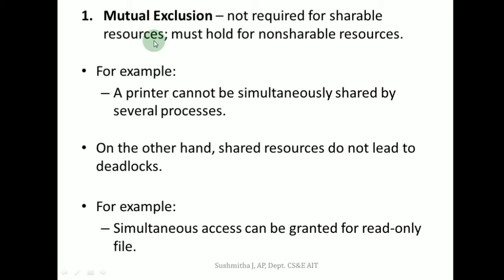So what are we trying to convey here? There are some resources in the system that are by nature non-shareable. By nature, the resource allows only one process at a time. So by denying mutual exclusion, we cannot say that we have completely prevented the deadlock.